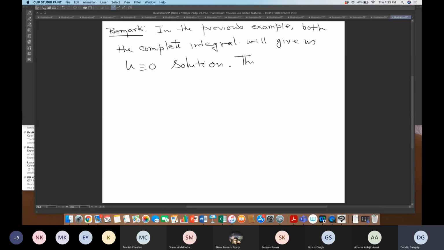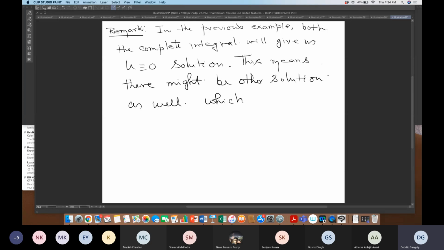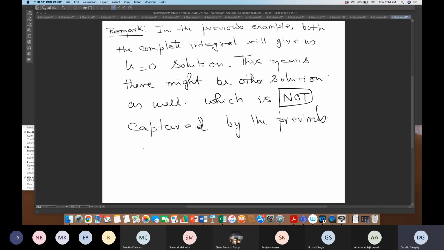This means there might be other solutions as well, which are not captured by the previous method.